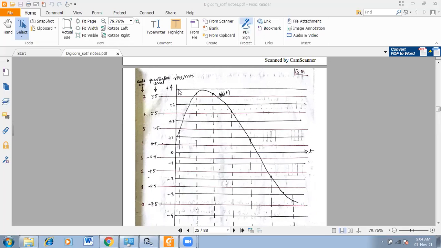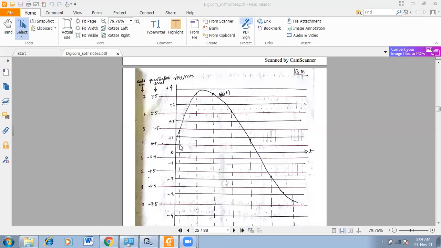Now listen everyone carefully. The first sampling instant is this, second sampling instant is this, third is this, fourth, fifth, this is sixth, in this way seventh and eighth. Here we have considered only the positive side, so someone can take the negative as well, no problem at all.